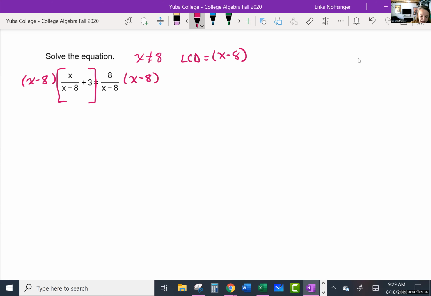So technically, I have this x minus 8 all times this x all over x minus 8, plus I have the x minus 8 times the 3, is equal to this 8 all over x minus 8 times x minus 8.